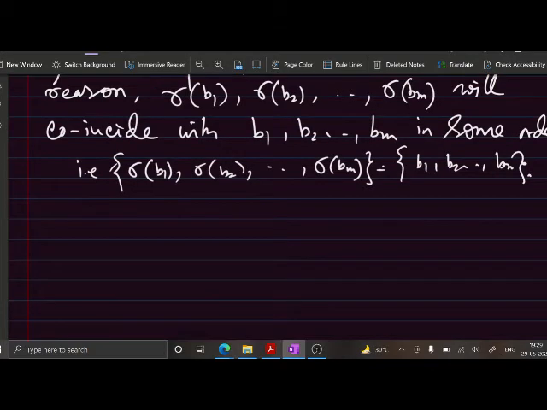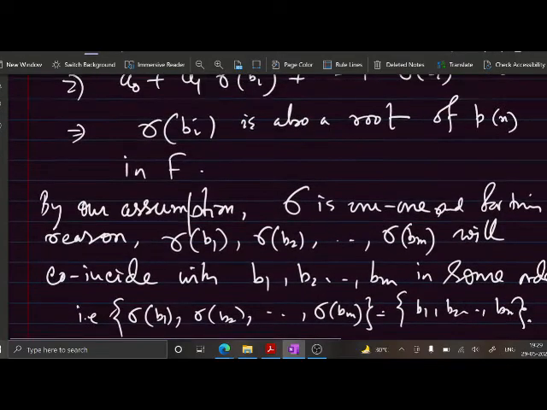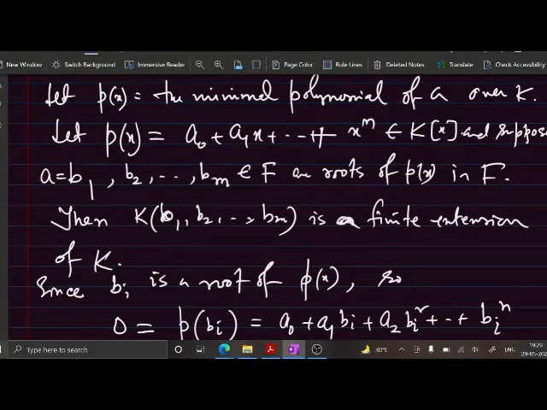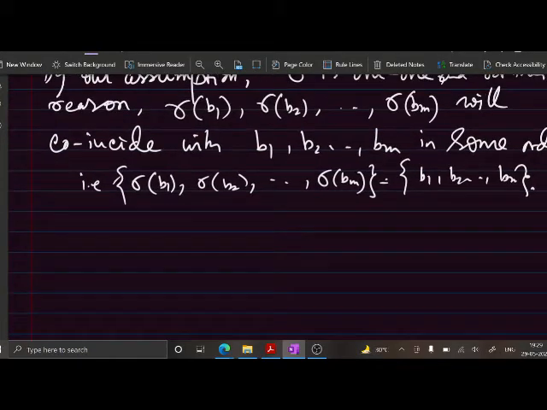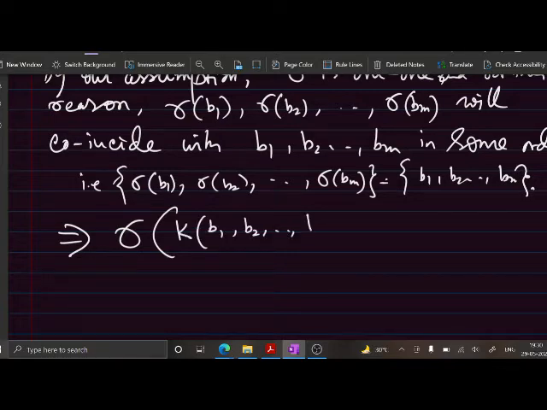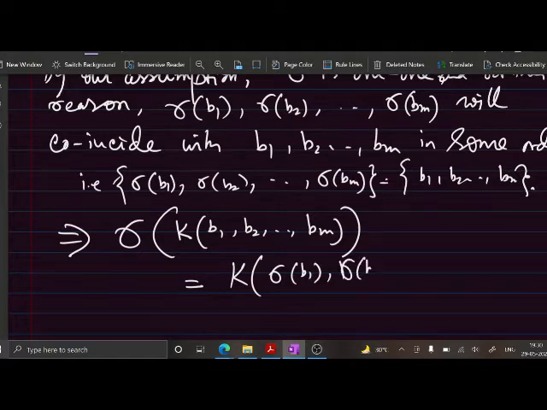So therefore this implies sigma of the field K(b1, b2, ..., bm) will be actually K(sigma b1, sigma b2, ..., sigma bm), right?